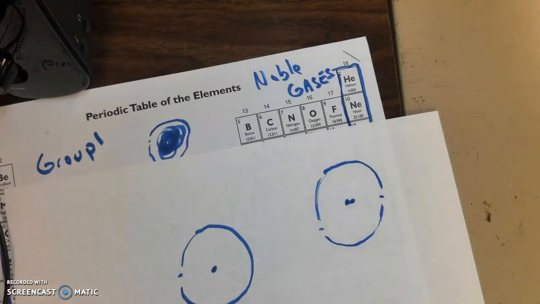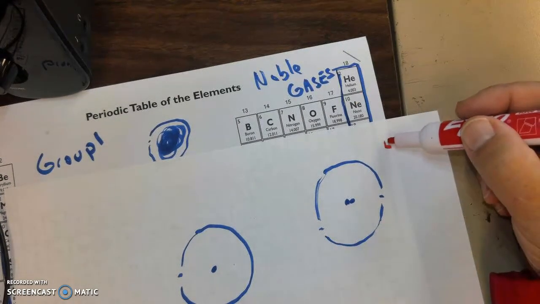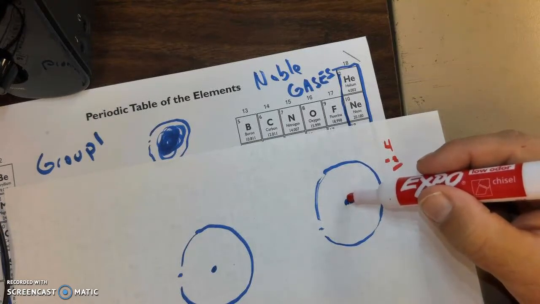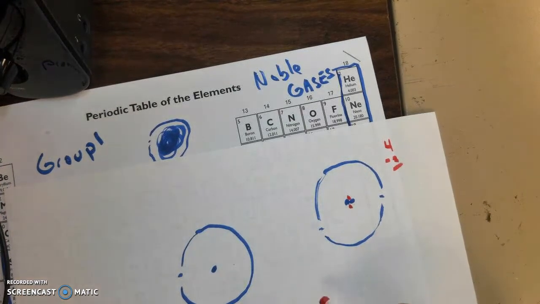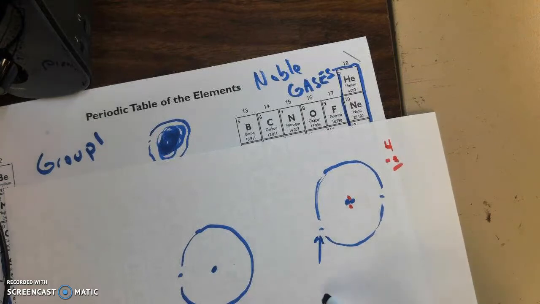Now, because it's got an atomic mass of 4, there's also something we haven't really gone over yet, but 4 minus 2 means that it also has 2 neutrons on the inside. So those are your subatomic particles. You have electrons, and they're buzzing around outside of the nucleus.